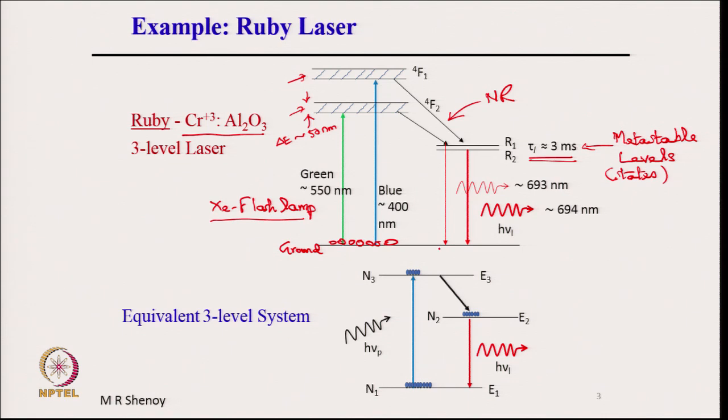This transition gives 2 lines: 694.3 nanometer is the predominant line of the ruby laser, and 692.9, about 693 nanometer, is less dominant. So, this is the ruby laser line, which is the dominant laser line.